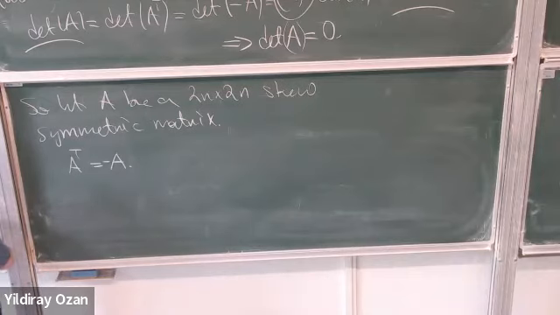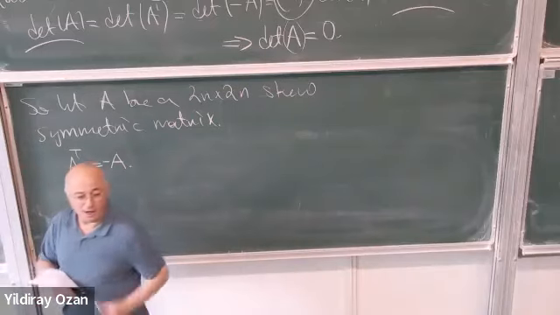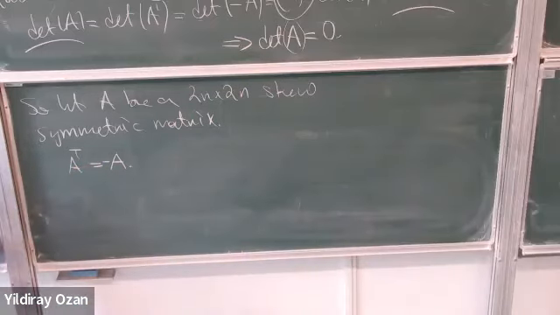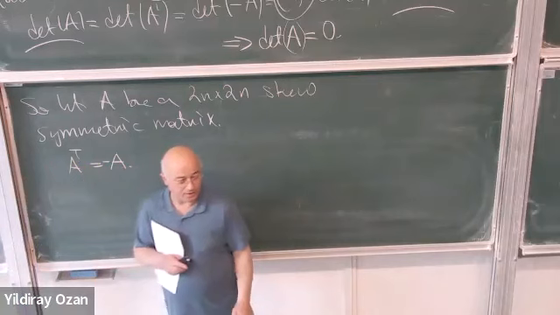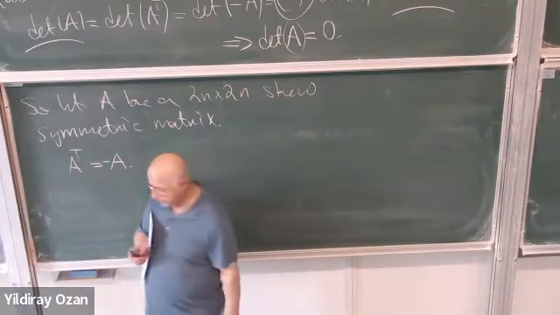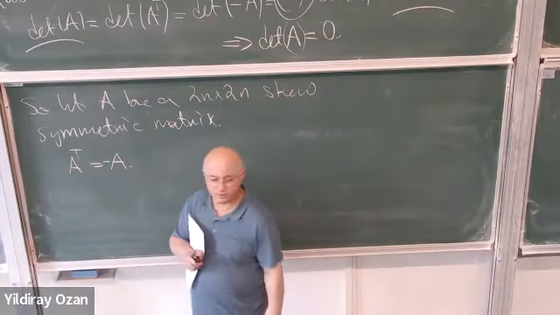This is just the determinant of minus X, B, minus B, minus X. So it is just X squared plus B squared. And what are the eigenvalues? If you set this to 0, you see that X equals plus or minus iB. So the eigenvalues are not real. You have two complex eigenvalues.